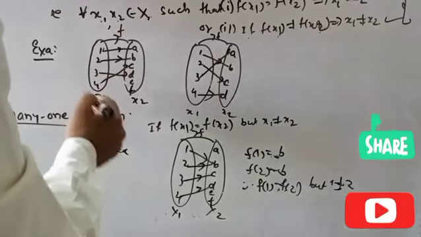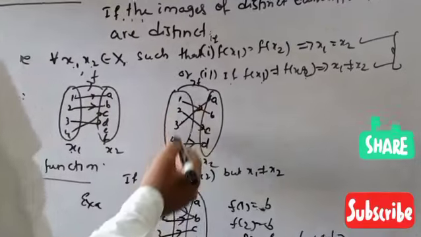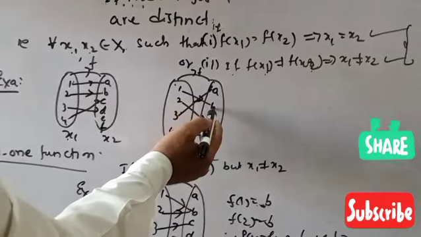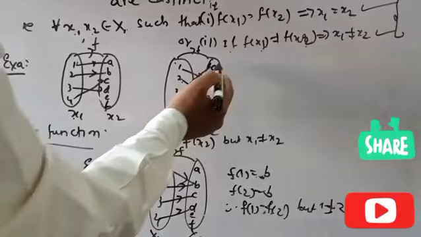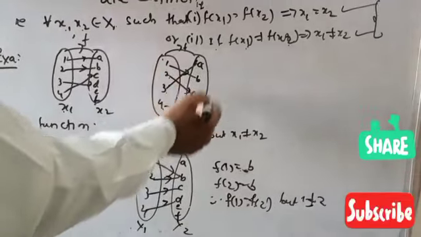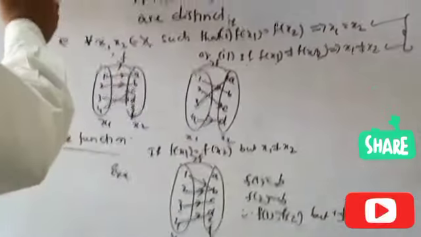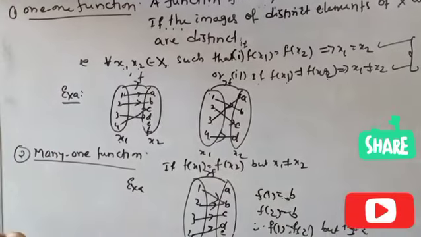Therefore, this example is a one-one function. And another example: 1, 2, 3, 4. 1 is related to b, 2 is related to c, 3 is related to a, 4 is related to d. Every element of A has only one image in B. So these two are examples of one-one functions.